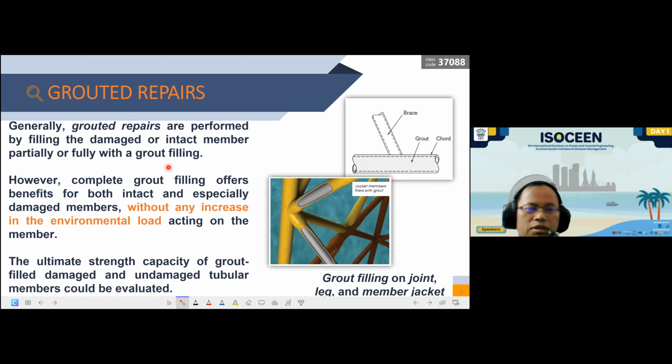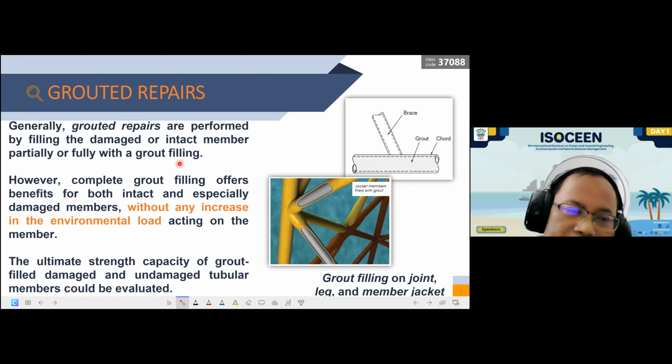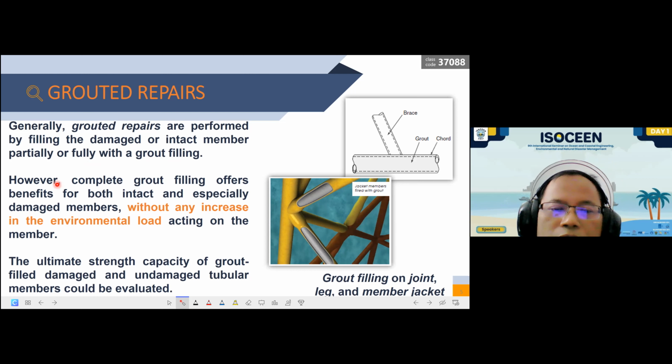Generally, grout repairs are performed by filling the damaged or intact member partially or fully with the grout filling material. However, complete grout filling offers benefit for both intact and especially damaged members without any increase in the environmental load acting on the member.